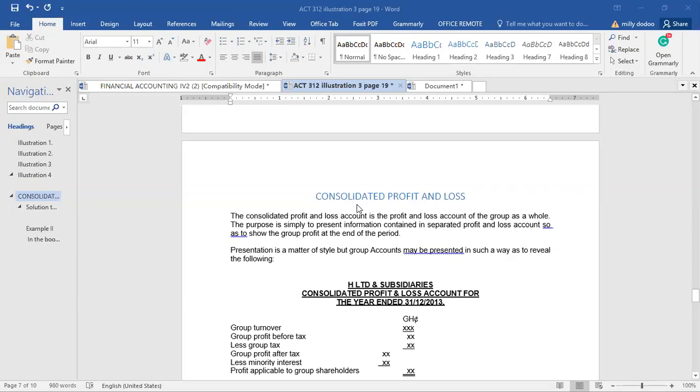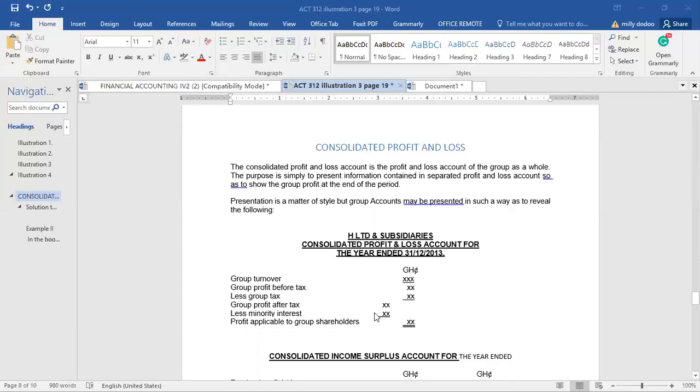You must establish that there is a parent subsidiary relationship before you go ahead and do the consolidation. And so therefore, if there is no parent subsidiary relationship, you can't go ahead and do the consolidation.